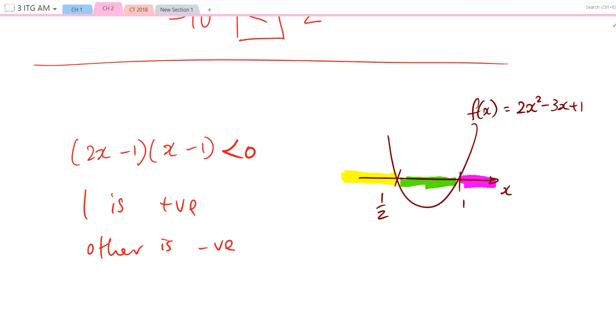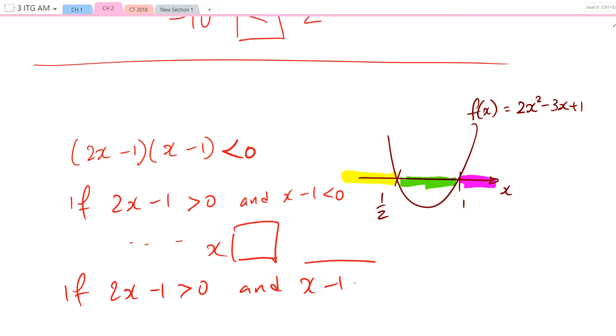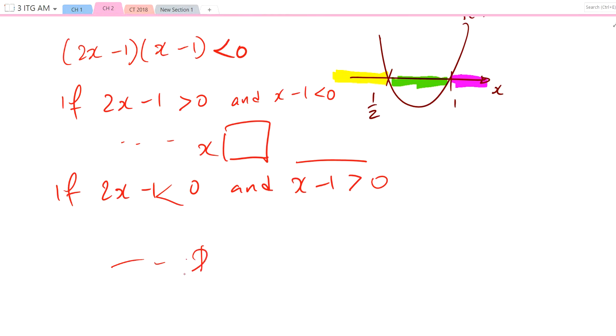Well, you can use this to work out your answer. You can say if 2x minus 1 is greater than 0 and x minus 1 is less than 0, then you work out what your x is with an inequality, then you can answer. But you have another case, if 2x minus 1 is less than 0 and x minus 1 is greater than 0, then you get another answer for x with an inequality, and then you need to combine them.